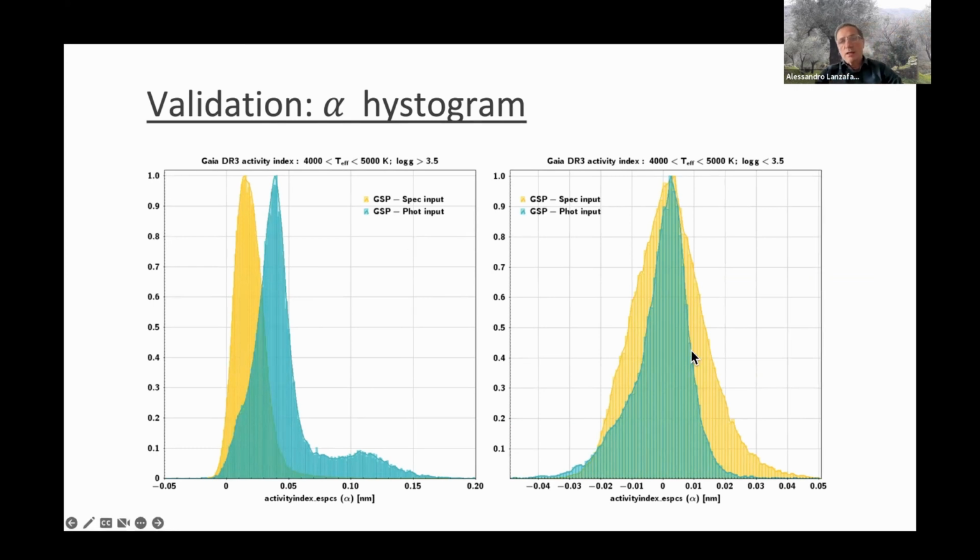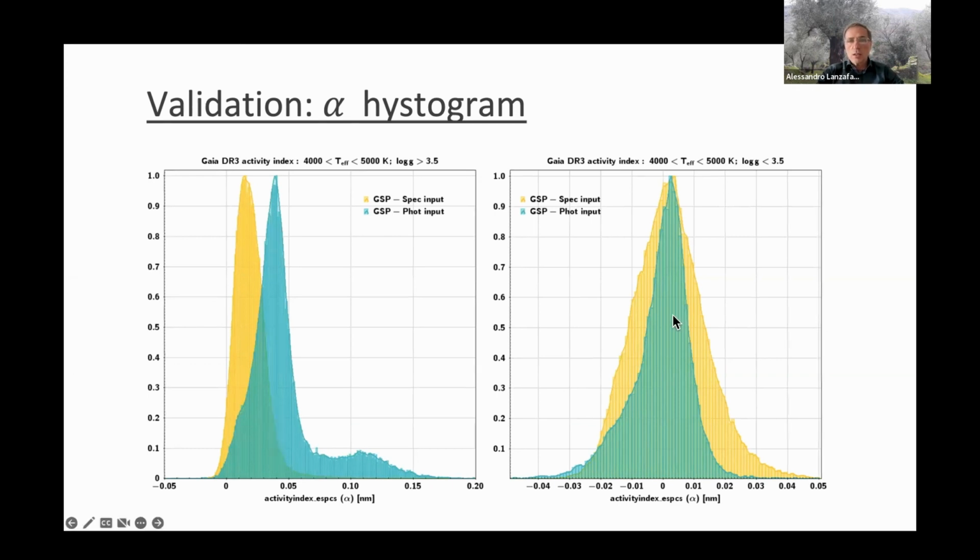On the right panel, on the other hand, we have the same distribution for low log G, which means more evolved stars, in which the activity level is in general quite low unless there are special reasons for having induced activity in the star, like stars in close binary systems like RS-CVn stars.